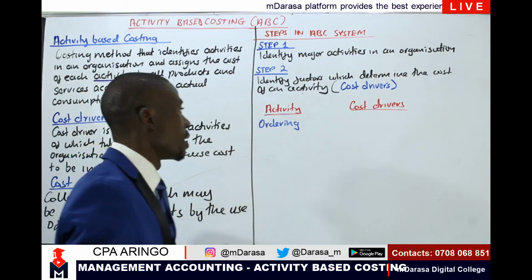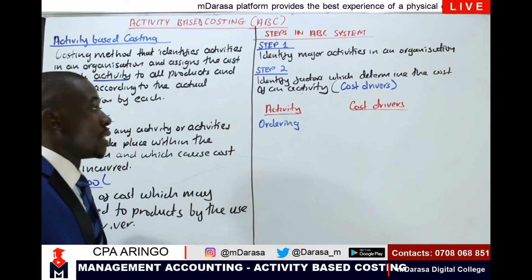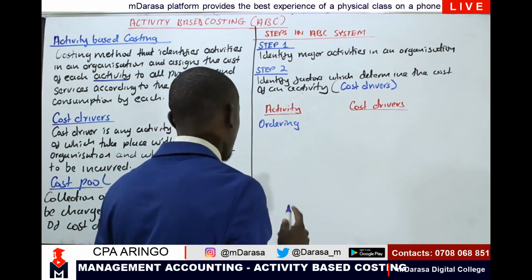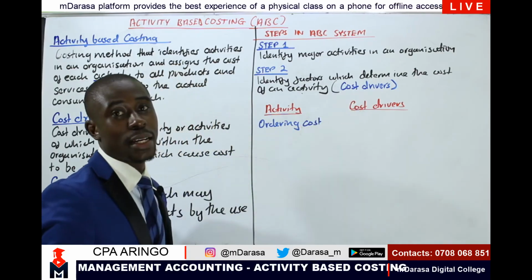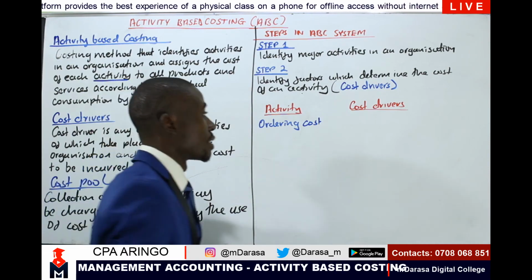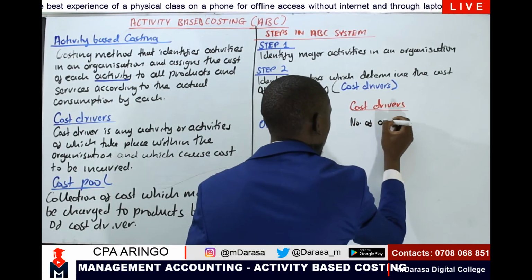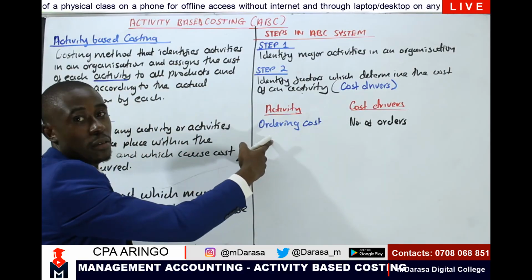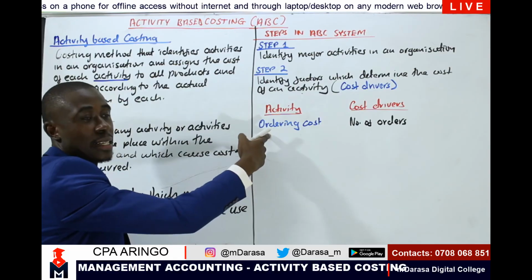What will lead us to have the ordering cost? Basically, in this case, we'll be looking at the number of orders. So the number of orders will be the cost driver for this activity.